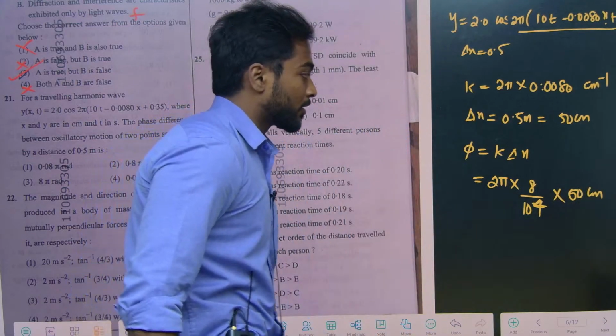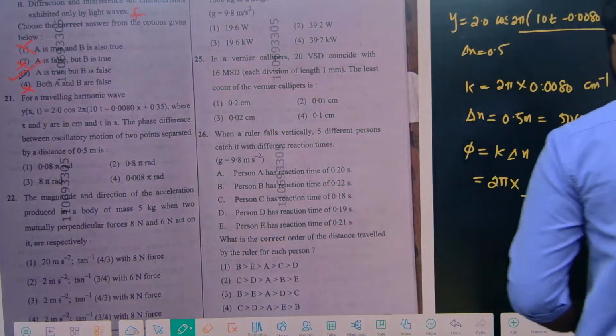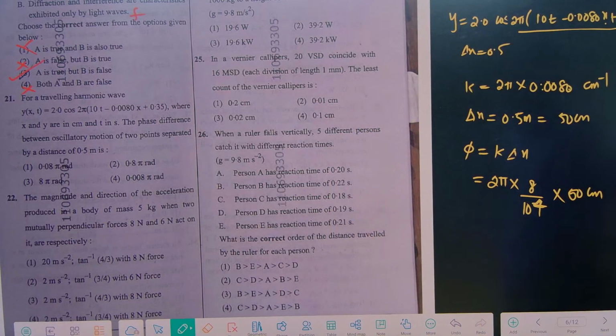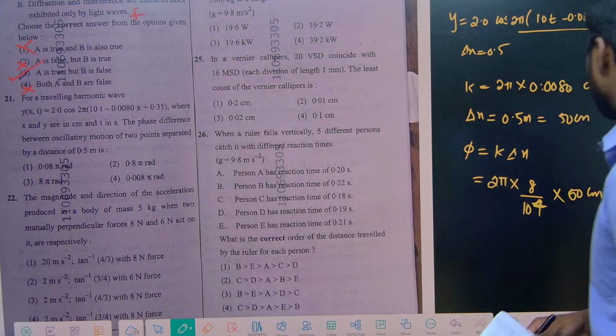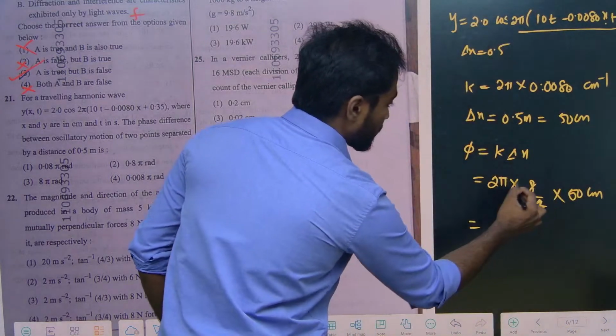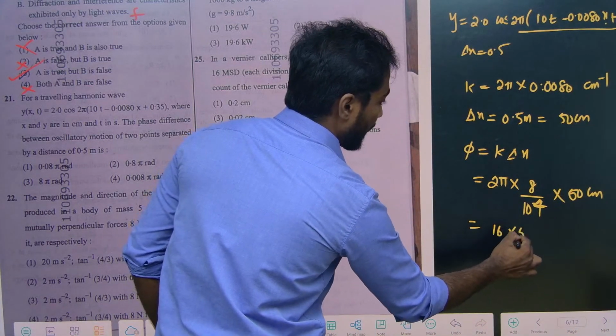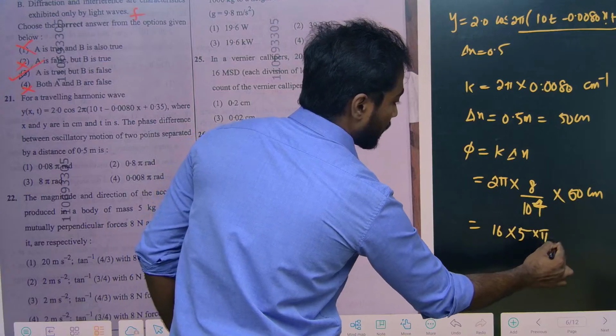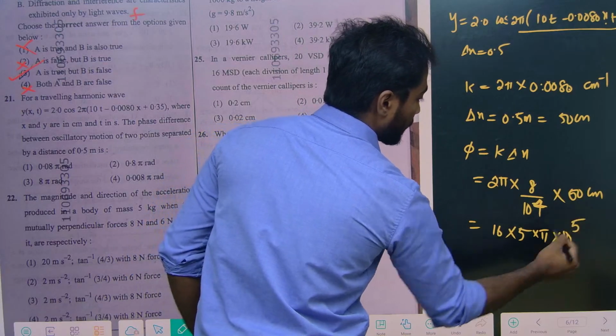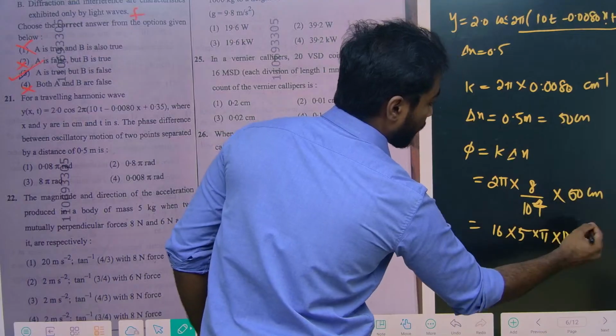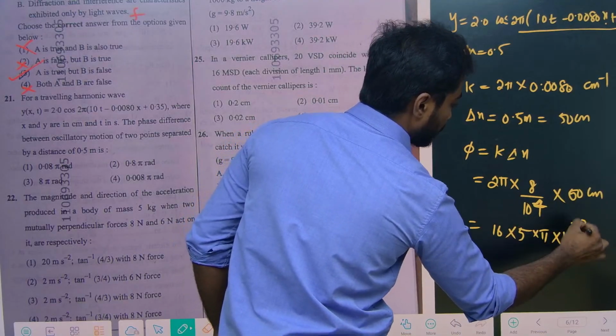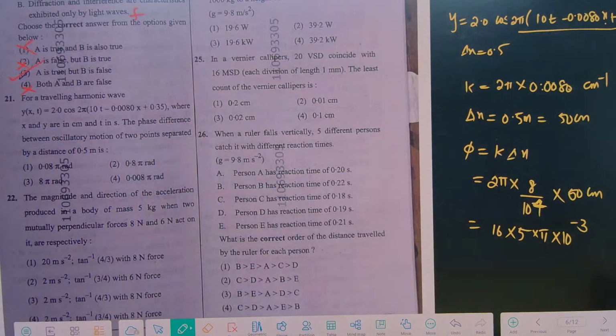So I need to calculate this one. 10 power minus 4 I can take, right? 16 into 5 into pi into 10 power minus 3. Got it?